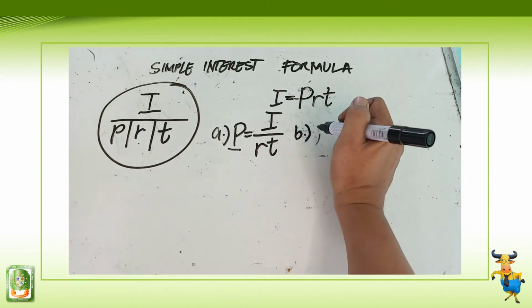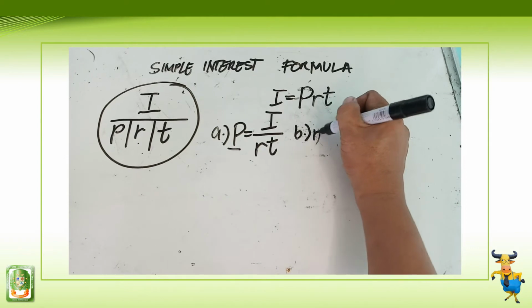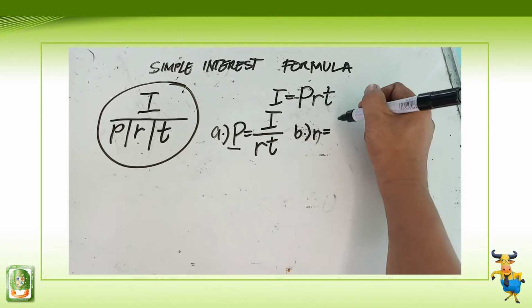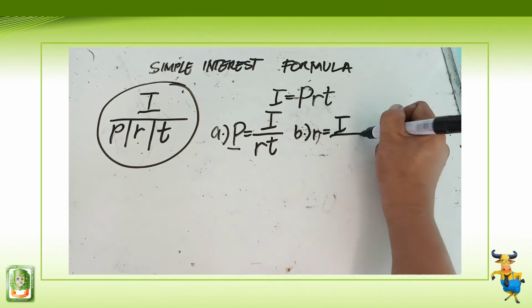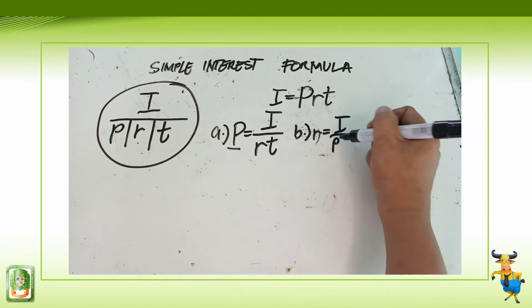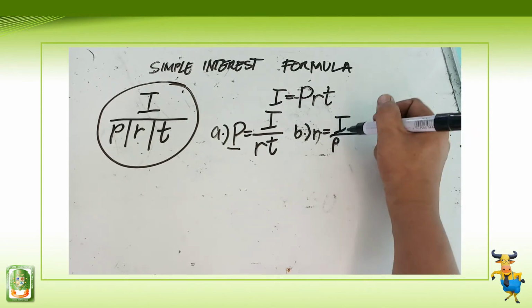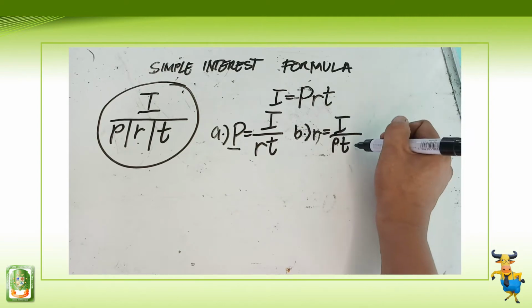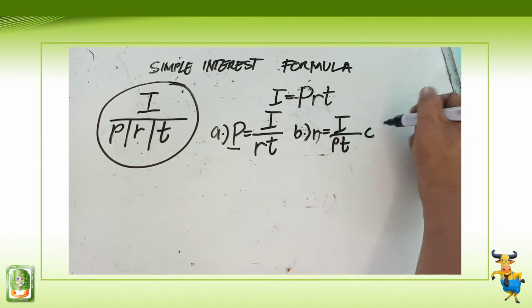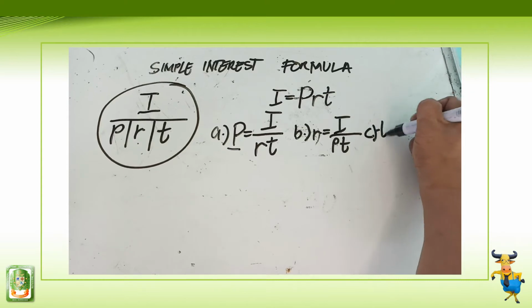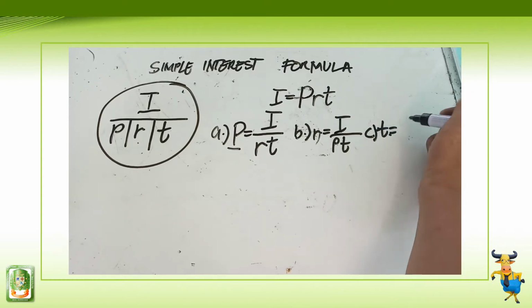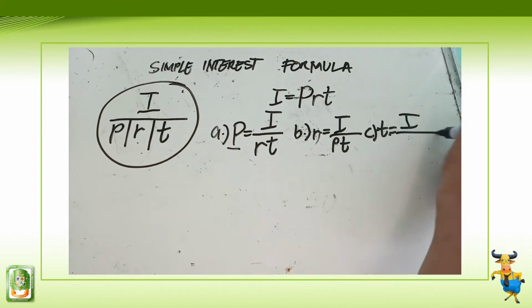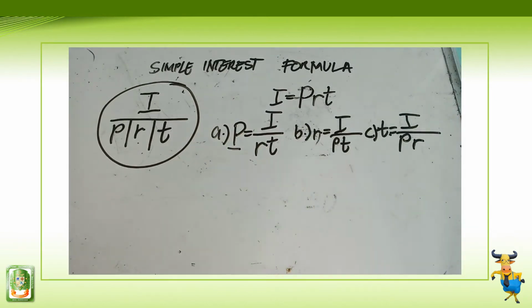Kapag naman ang hinahanap natin ay rate, is equal to the interest over the principal times the time or the term. Kung naman ang ating hinahanap ay yung time, is equal to interest divided by the principal times the rate. Yan po ang ating gagamitin.